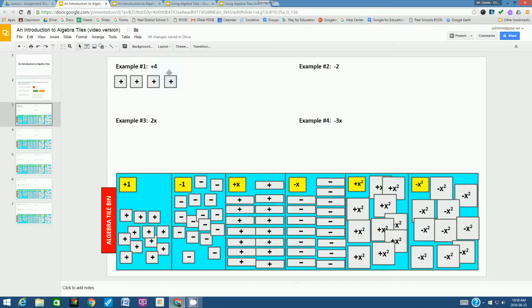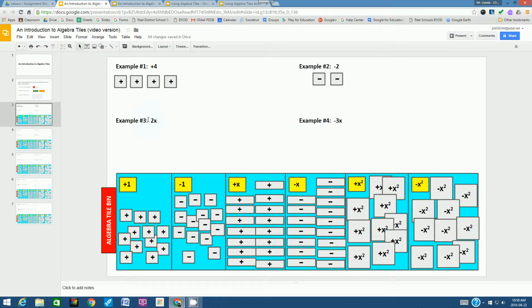All right, hopefully you got that answer. Looking at example 2, we have an algebraic expression of negative 2. So please build this algebraic expression using your tiles. All right, example 2, 2 negative integer tiles.